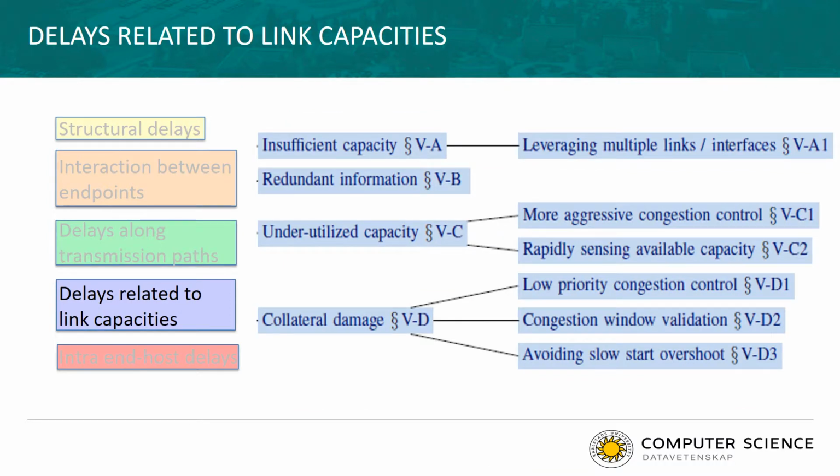Next, we have the delays related to link capacities. This includes both delays that you encounter as an effect of insufficient capacity, and here, of course, you can try to increase this capacity by leveraging, for instance, multiple links. You may also get a shortage of capacity because you're sending a lot of redundant information.